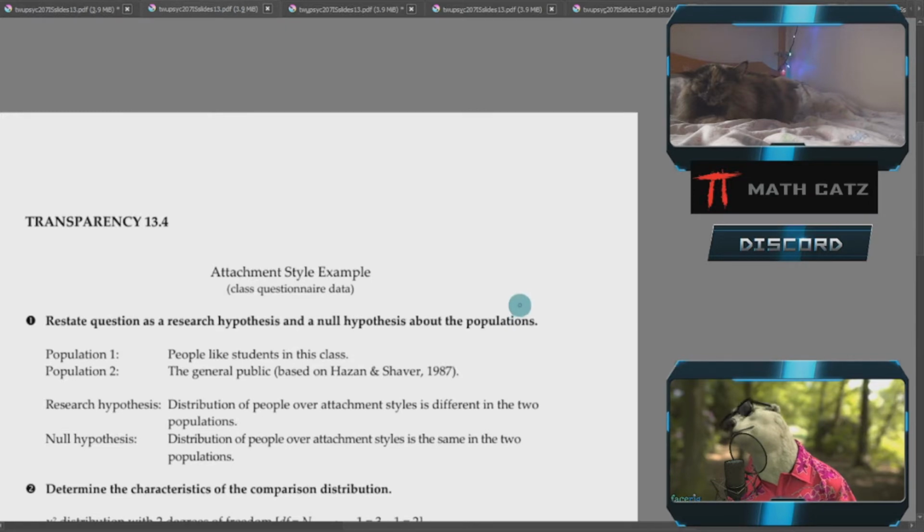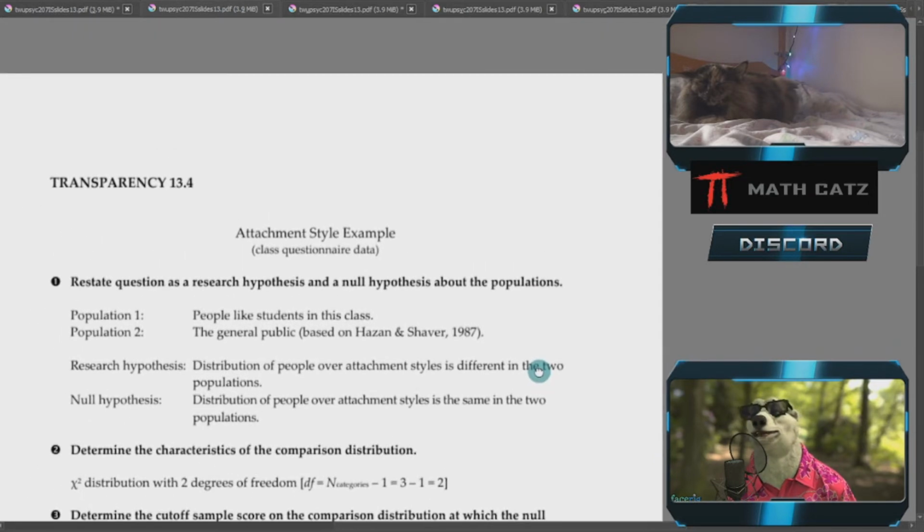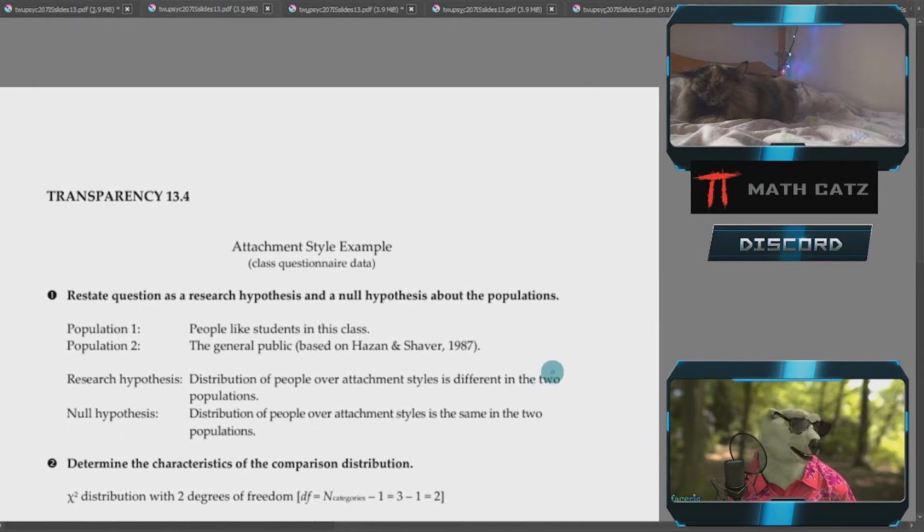So if we look at this in terms of the more structured hypothesis testing procedure, we have 2 populations, people like the students I'm surveying, and then the general public. And my null hypothesis is that the distribution is the same.